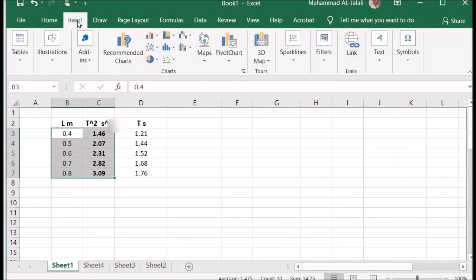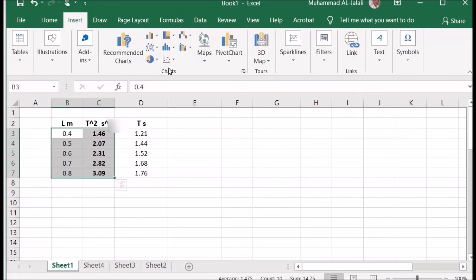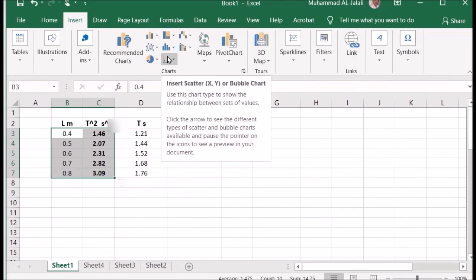Go to the title bar and choose Insert, and go to the list of charts.